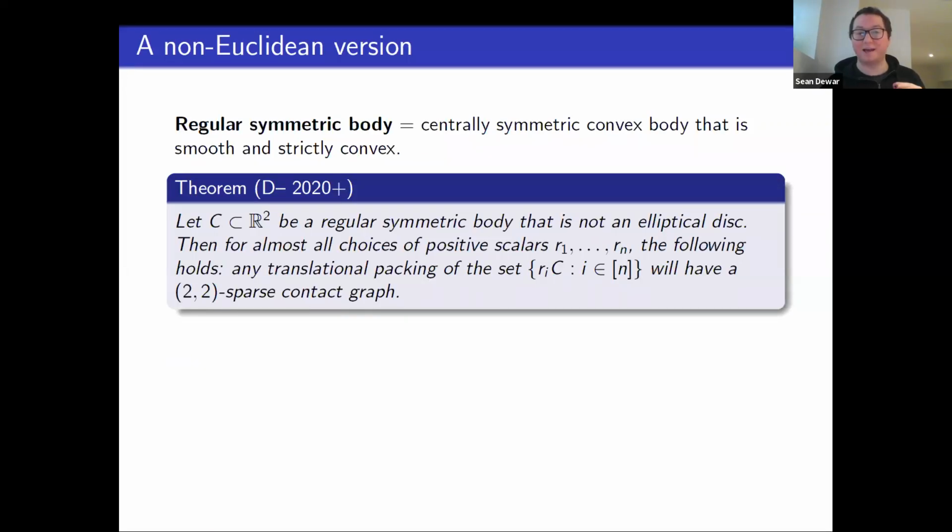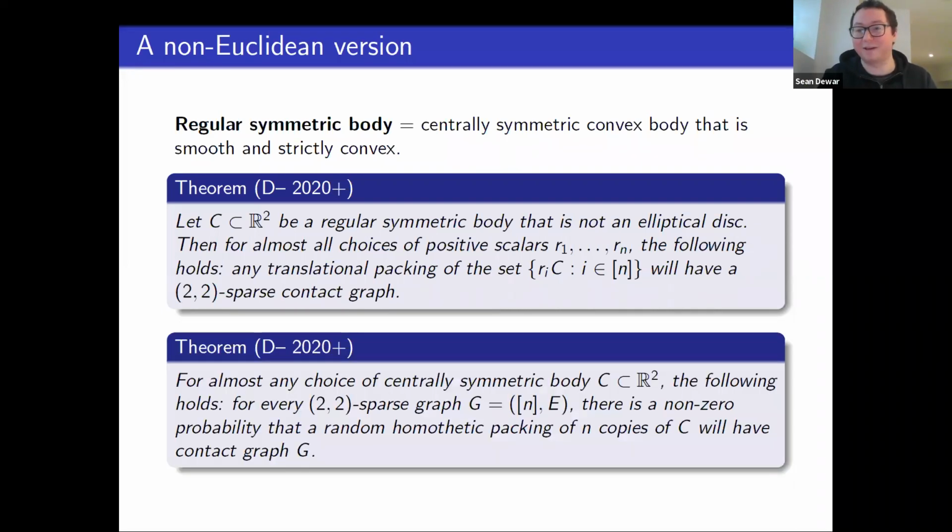The version we get is that if you have a regular symmetric body that is not an elliptic disk, then for almost all choices of positive scalars, if you have those radii and a homothetic packing and you put it together, then you're going to get a 2-2 sparse graph. Are you able to actually realize all the 2-2 sparse graphs with some body? No, but the next result is the next best thing. So we can say that this is almost always true.